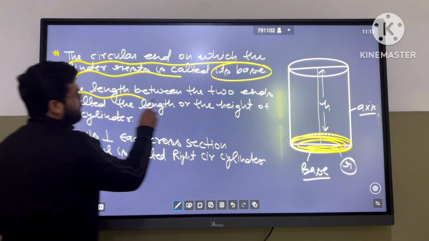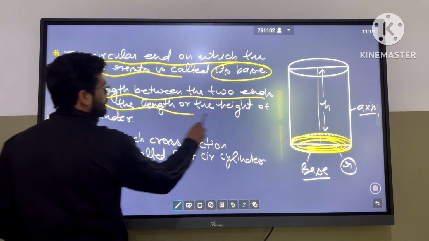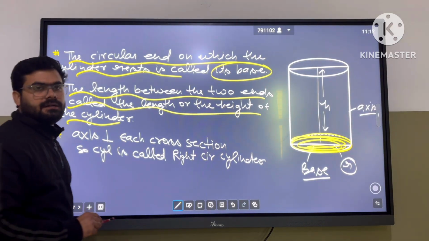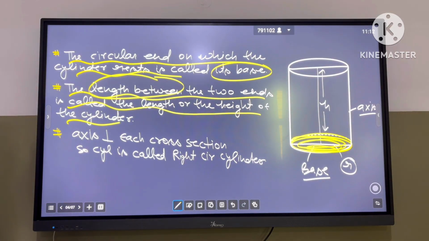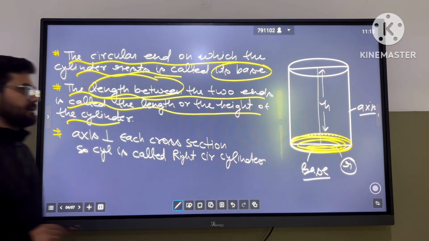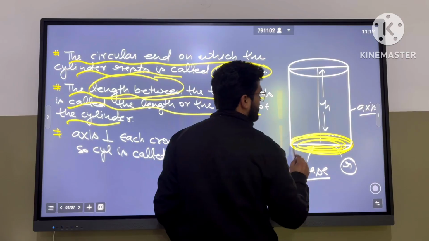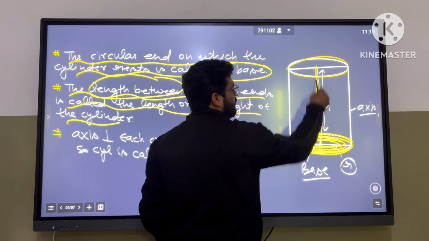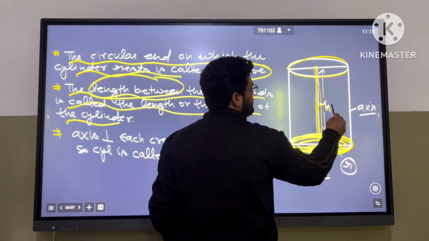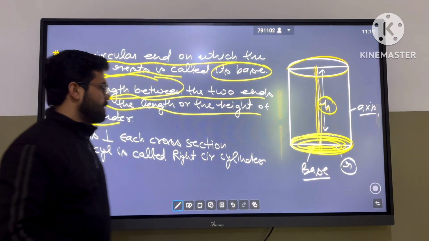This is very important. The first end is this, and the second circular end is this, and the distance between these two circular ends is called the height. So this is the height of the cylinder.